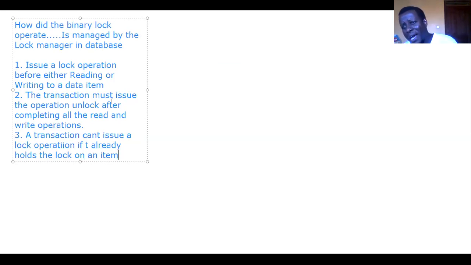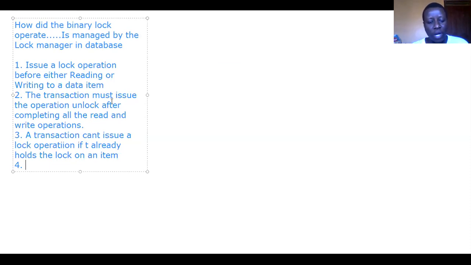So if you already have a lock, why issue a lock operation? There's no need. If I had a read lock, I will still have a write lock, so there's no need for me to issue a read lock and then come and issue a write lock. If I issue a lock, it's either for read or write, and then I must unlock it.